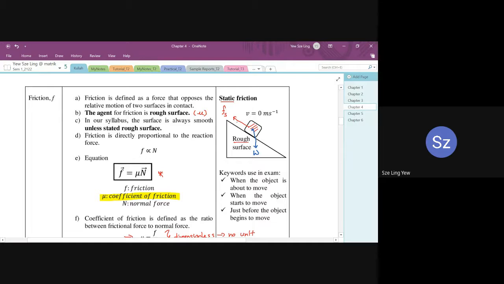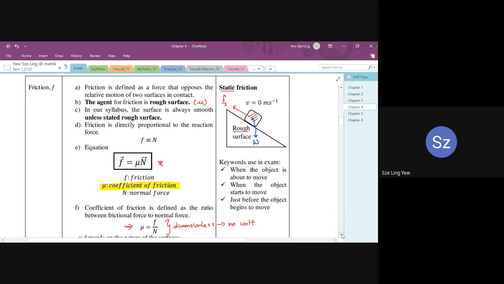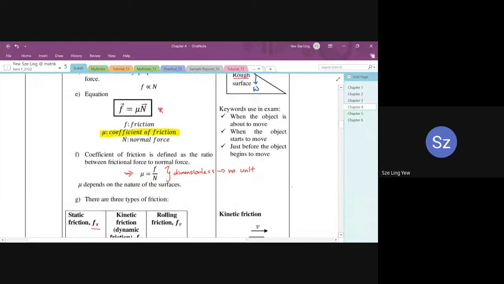You look at the direction the object would move by nature, if there were no frictional force. In this case, if there's no static friction, if you have a smooth surface, it should slide down. Therefore, we know that the direction of the frictional force is definitely in the opposite direction, which is going up.